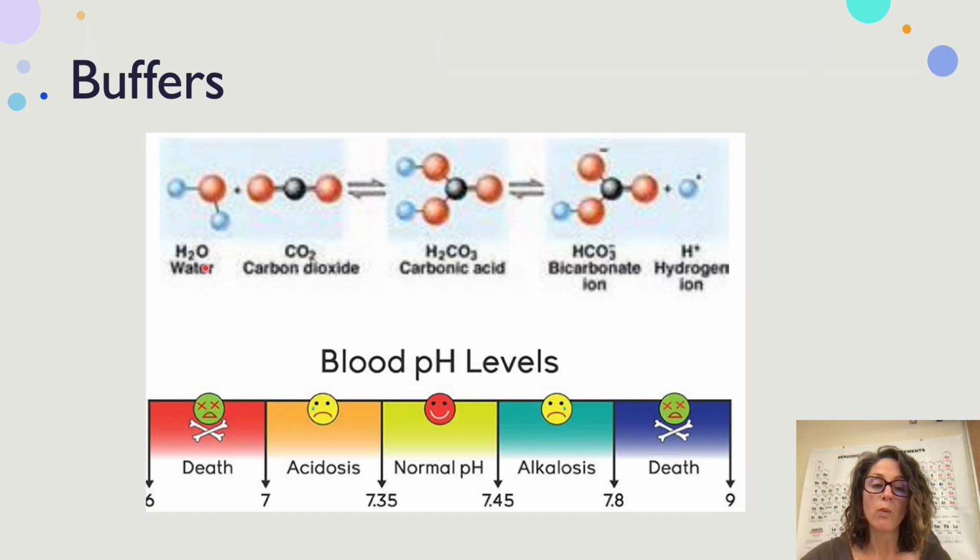Here we have water, which is a big part of our bodies, and carbon dioxide. Water and carbon dioxide can react to produce carbonic acid. Carbonic acid can then behave in a certain way. If our hydrogen ion concentration becomes too low, it will release a hydrogen ion and become bicarbonate ion and hydrogen ions.